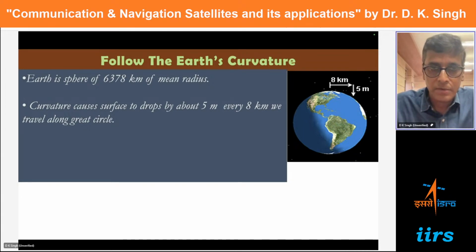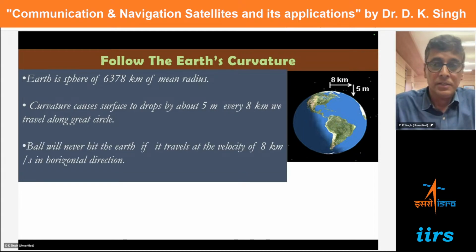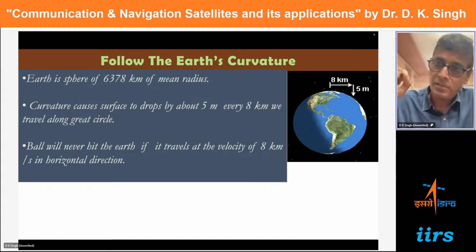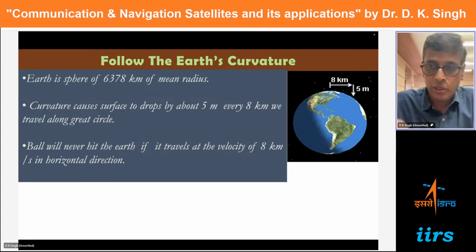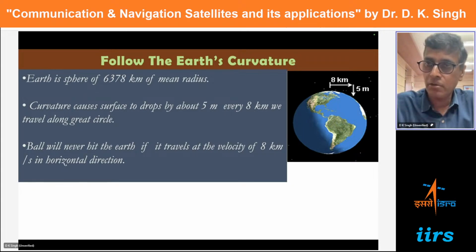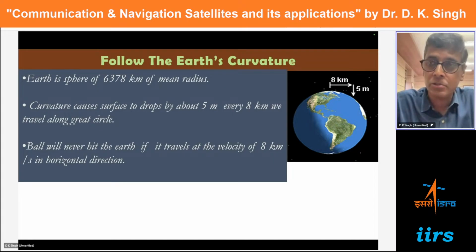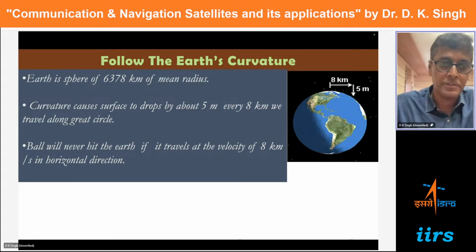So with this, one can infer that if the ball can be thrown at such a velocity in the horizontal direction that it travels 8 kilometers in 1 second, then it will fall by 5 meters in the downward direction. That means every second the ball is traveling 8 kilometers and falling by 5 meters. Earth's curvature is also going down by 5 meters, so it will never touch the Earth's surface.